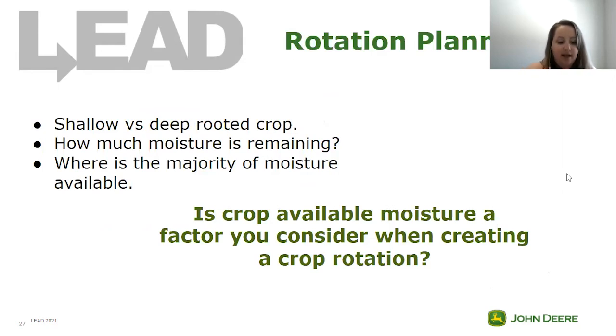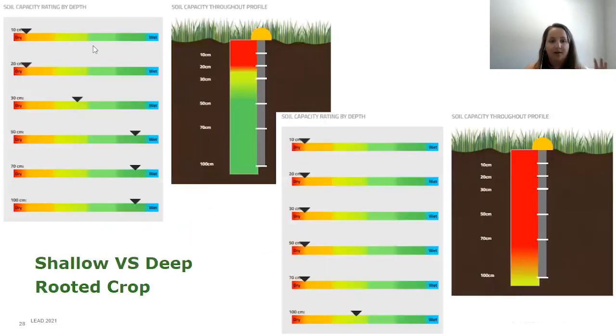So still looking at planning for future years, we talk about rotation planning. Rotation planning when it comes to shallow versus deep-rooted crops and where the moisture is located in the soil profile. So the top left, we have a lentil crop.